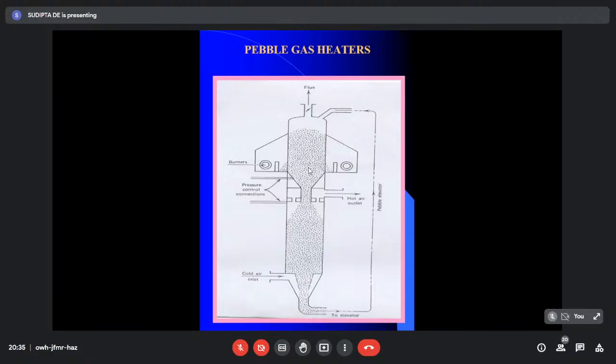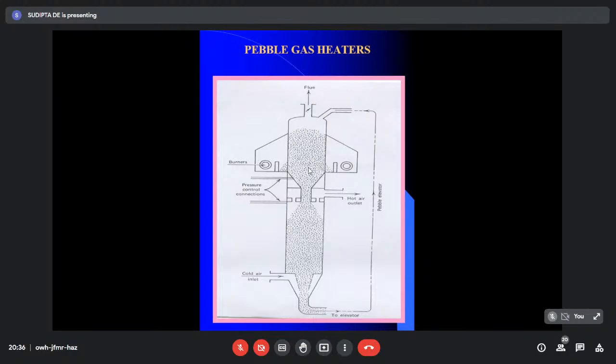So just write down: different specific properties are required for the pebbles for better heat transfer characteristics. Full stop.